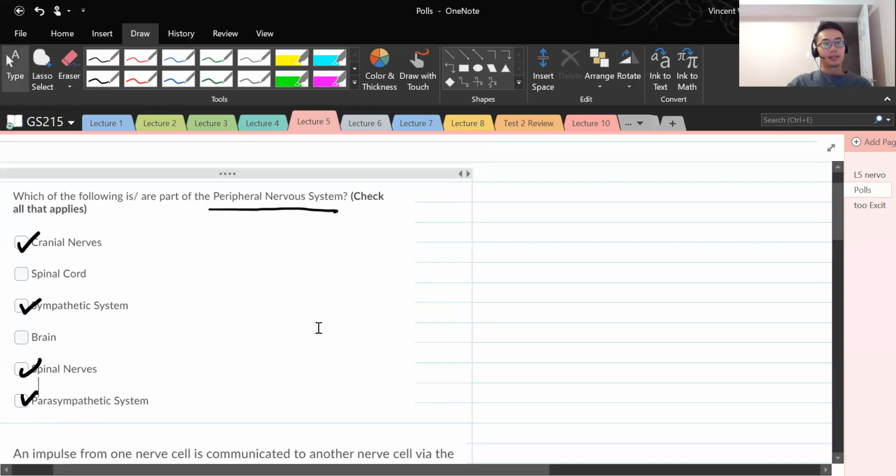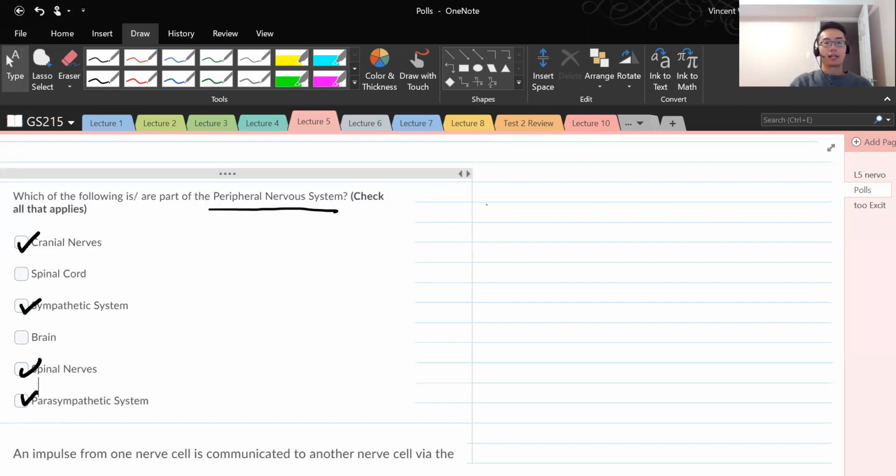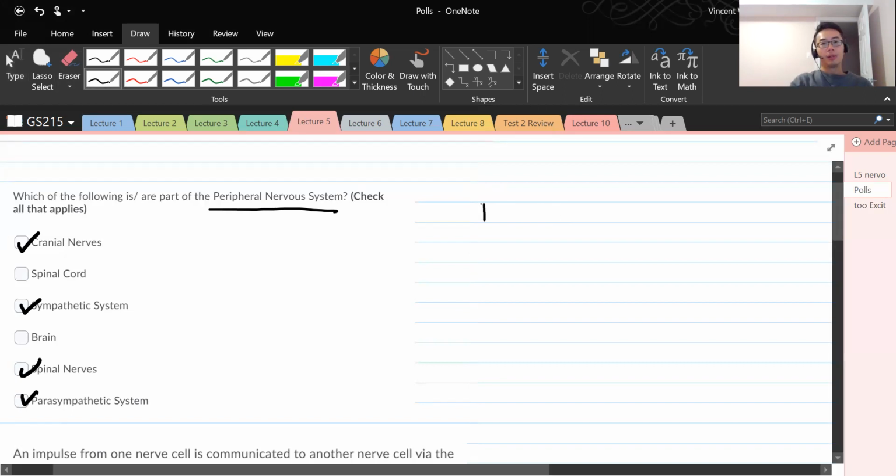So basically any nerves would be considered the PNS? That's right. So that's a good point, actually, that I forgot to mention. Nerve, what is a nerve, right? A nerve is basically a bundle of axons in the PNS.